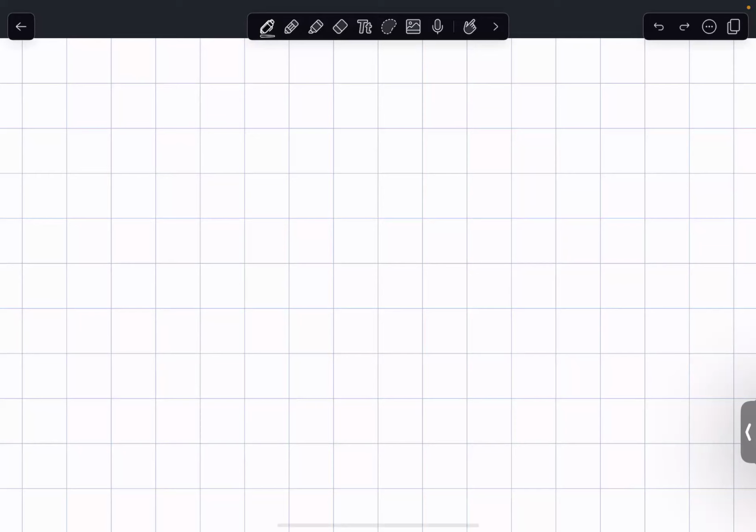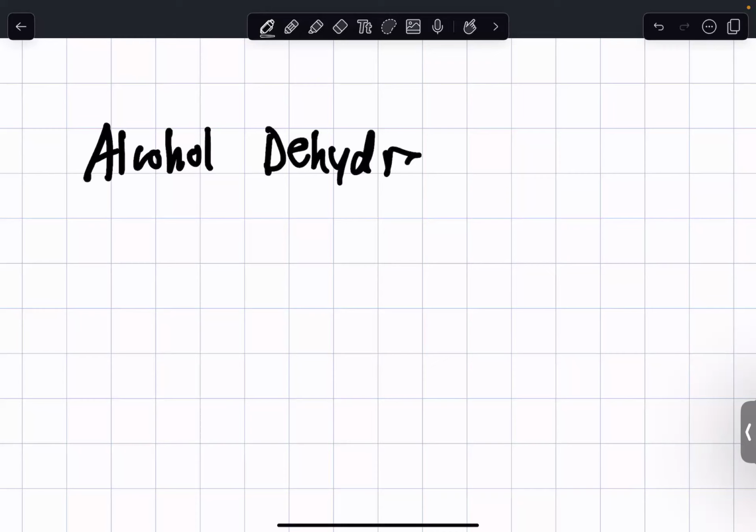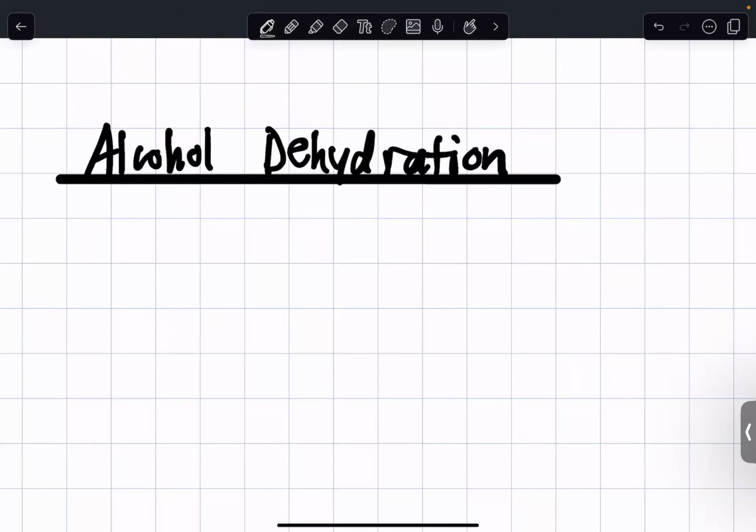So for alcohol dehydration, you know that you have this reaction when you have an alcohol in your reactant, right?